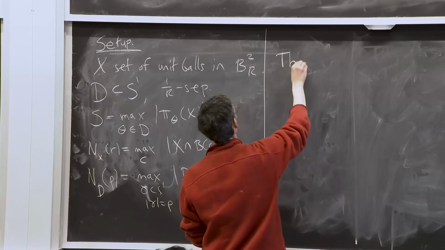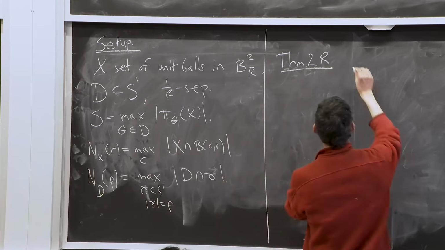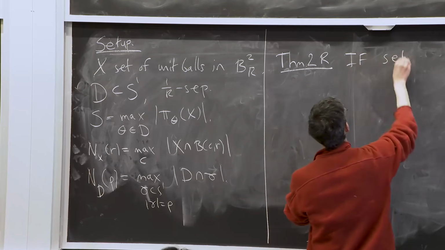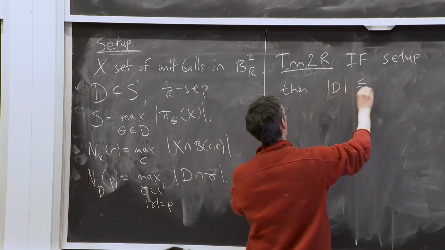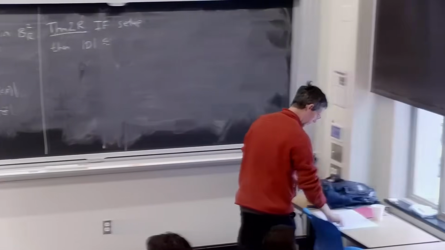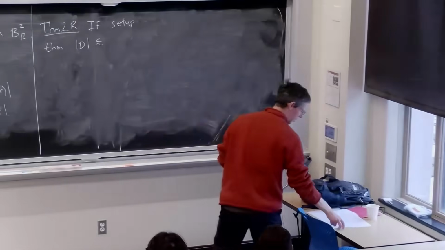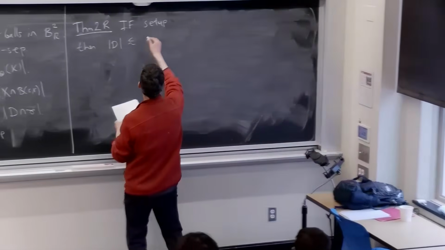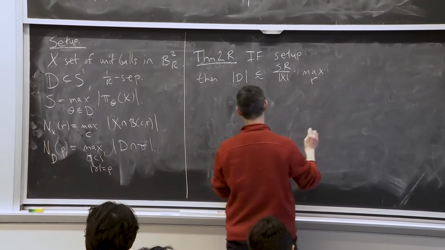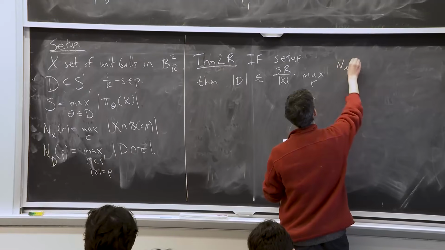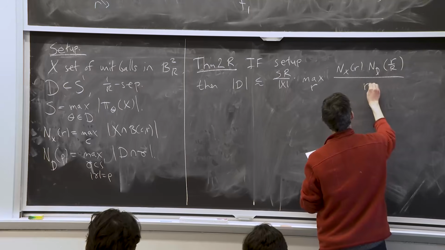And the projection theory estimate that comes from this method, I'll call it theorem 2R, theorem 2 in the real case, says that if we have the setup, then the number of directions is bounded by S big R over x times the maximum over little r of n_x of little r and n_d of little r over big R over little r squared.